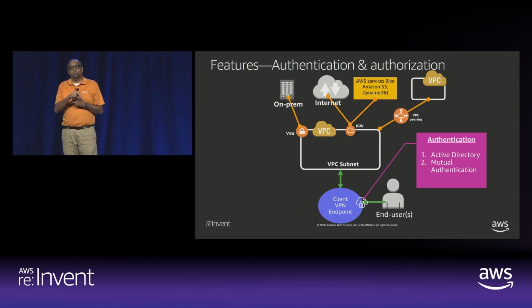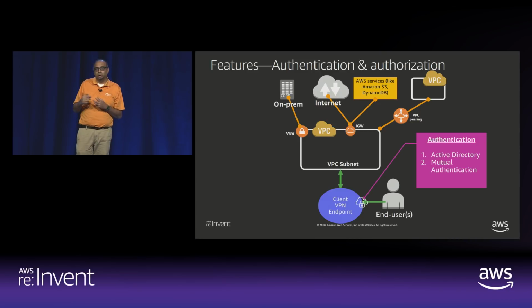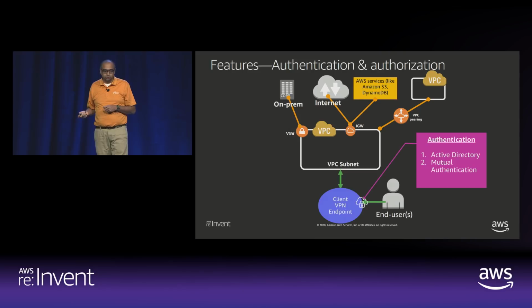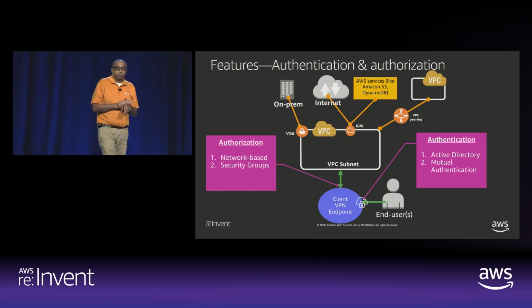The way it works is you upload your certificate information to ACM, AWS Certificate Manager, and provide us the ARN for that certificate, and we will use that information for authentication purposes. That's authentication.